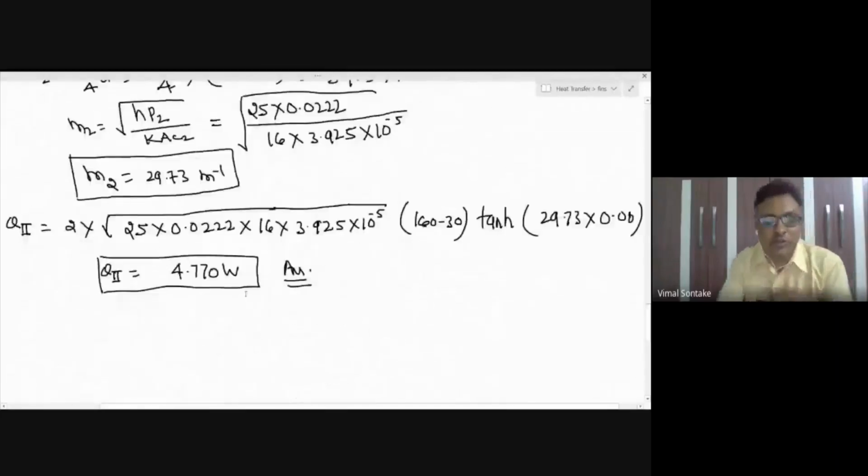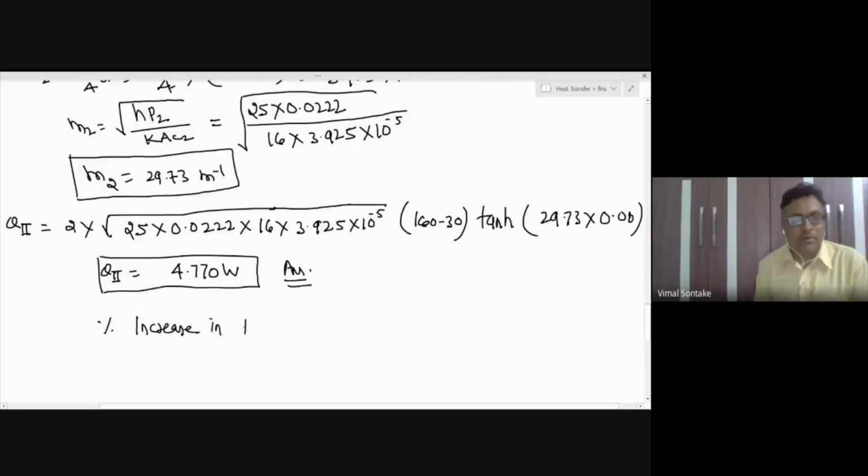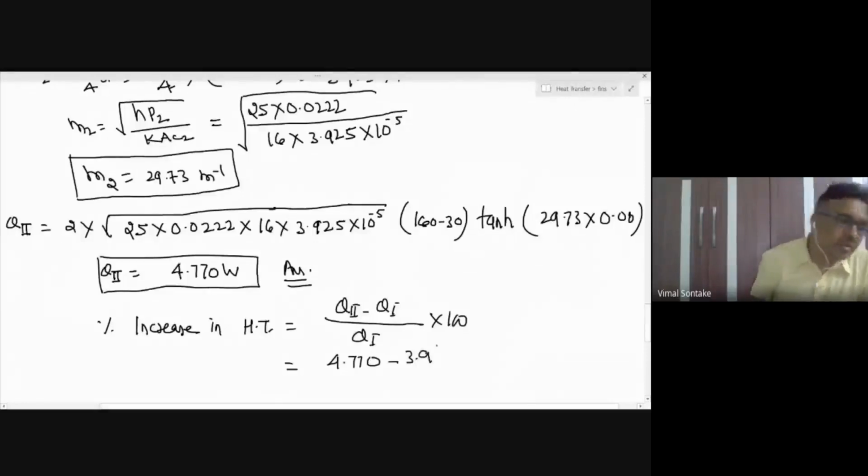So can I calculate the percentage increase in order to compare? That is Q2 minus Q1 over Q1 into 100. 4.770 minus 3.935 divided by 3.935.